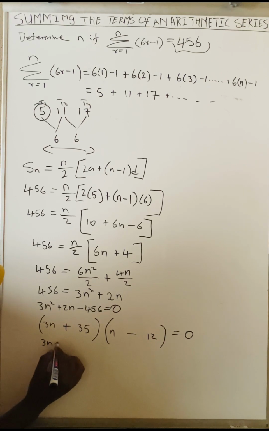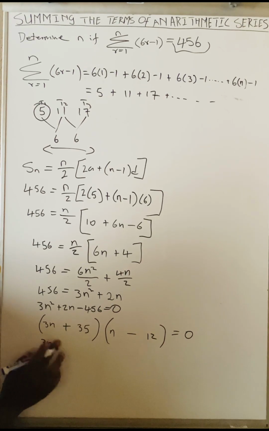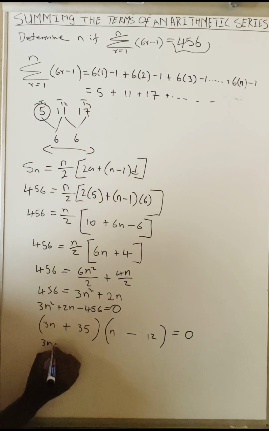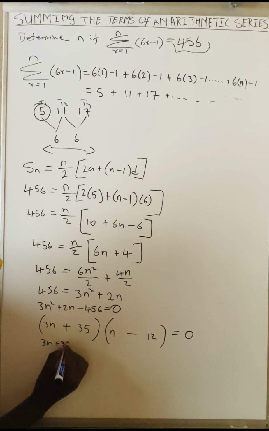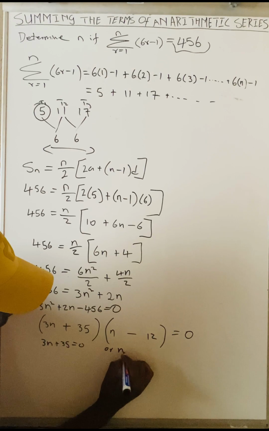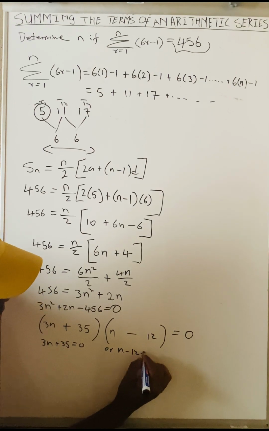For those who need things step by step: 3n plus 38 is equal to 0, or n minus 12 is equal to 0.